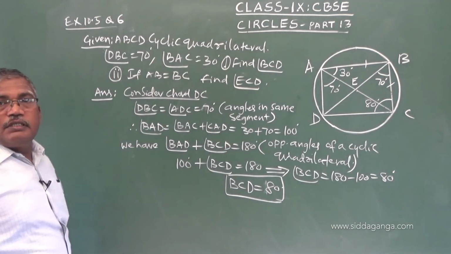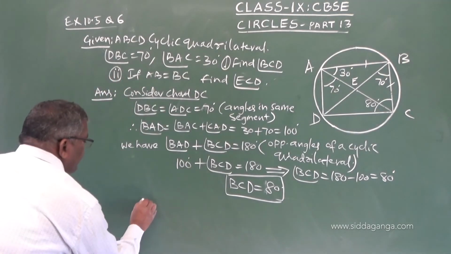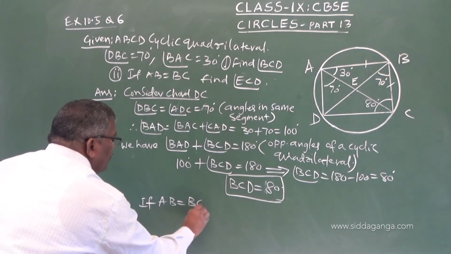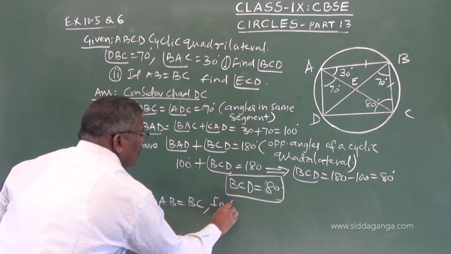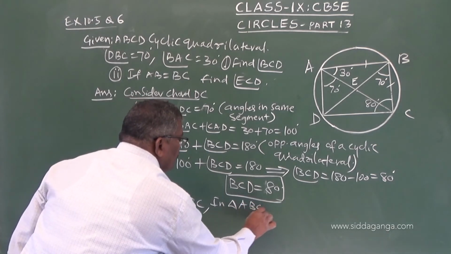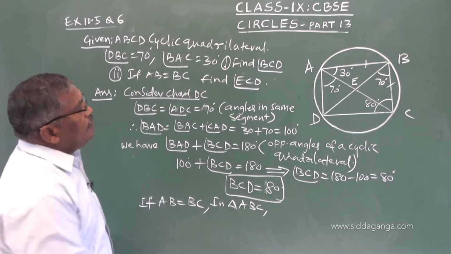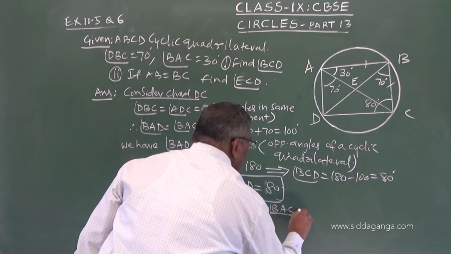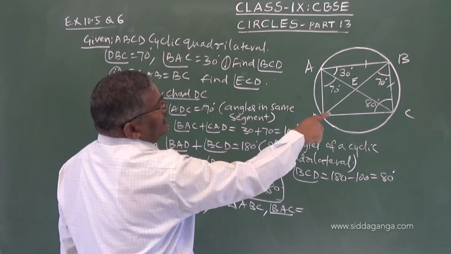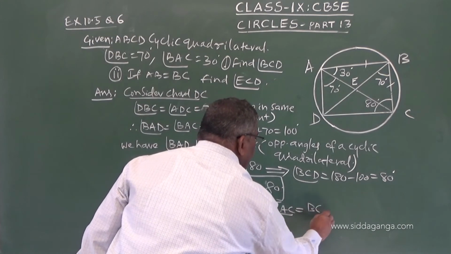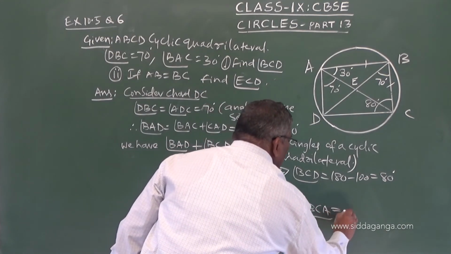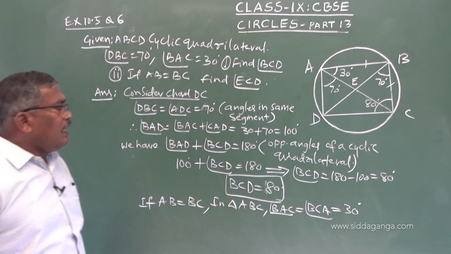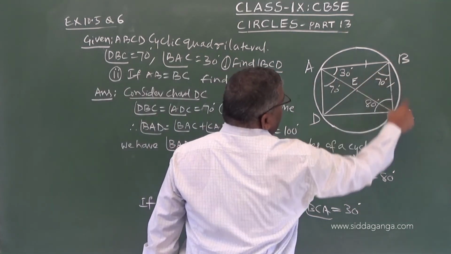So, second part I will write here. If AB equals BC in a triangle ABC, angle BAC equals angle BCA equals 30 degree, and we know BCA is same as BCE.